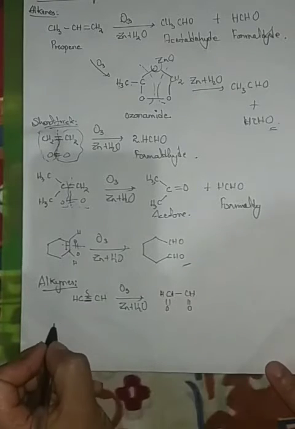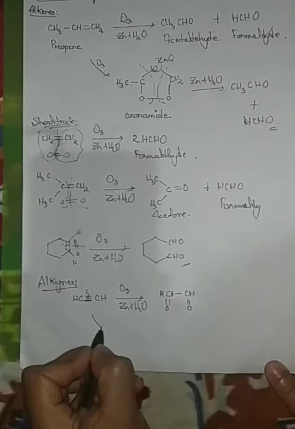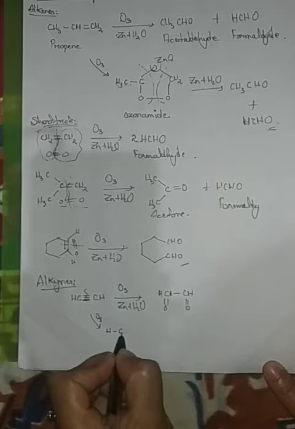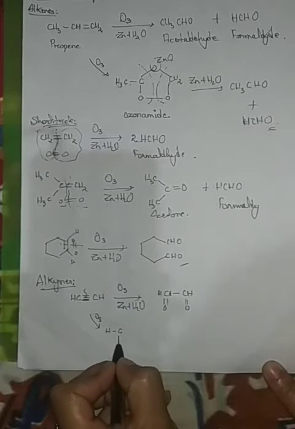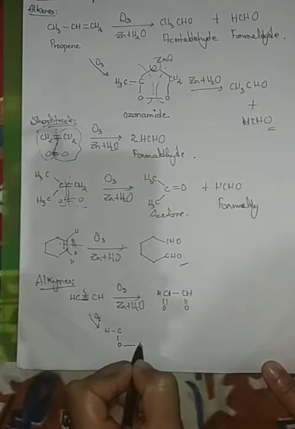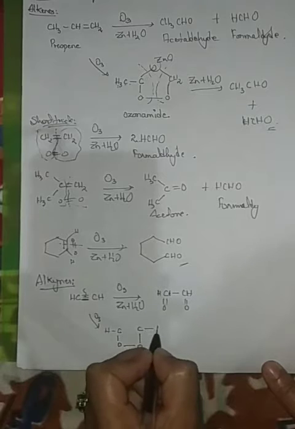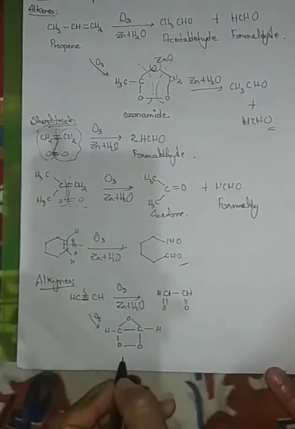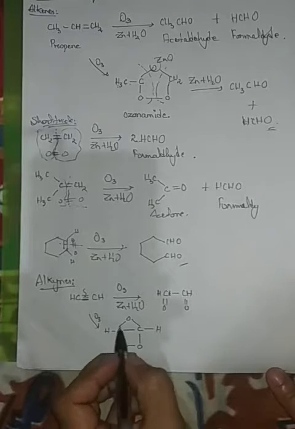Therefore, the reaction here would be, when it reacts with ozone, we'd be getting HC, and then the ozone will come in, and in the bond here, our H is here, one bond would be here, one oxygen with one bond. Now there is breakage.